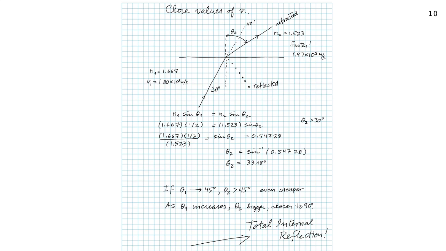Now we're going to start down here underneath. So down here, let's write down N1 equals 1.667, right? And up here, N2 equals 1.523.